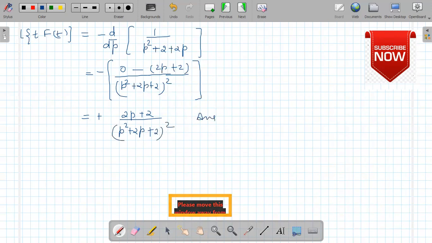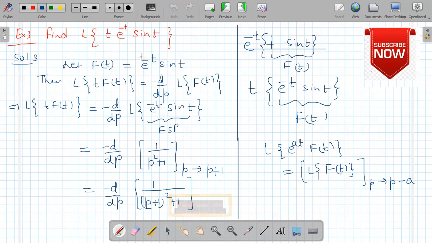This is the answer by the first method, when we take this as f(t).